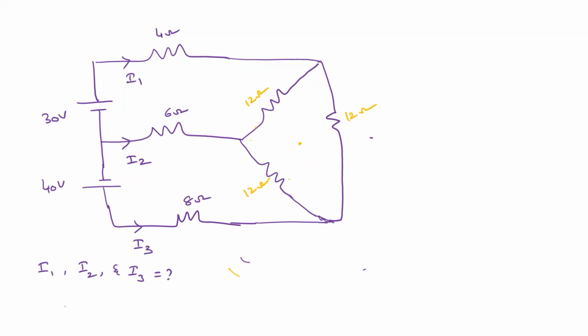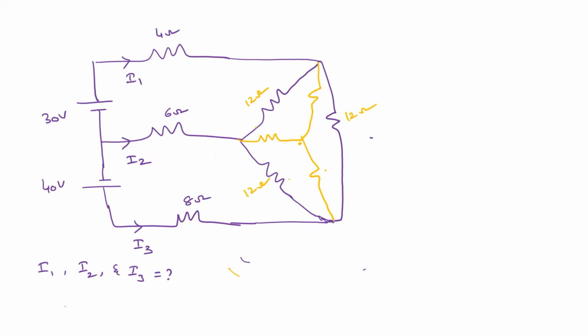So just draw a line. So what is this value? 12 divided by 3, 4 ohm, right? We are doing delta to star. The yellow color ones are its equivalent.